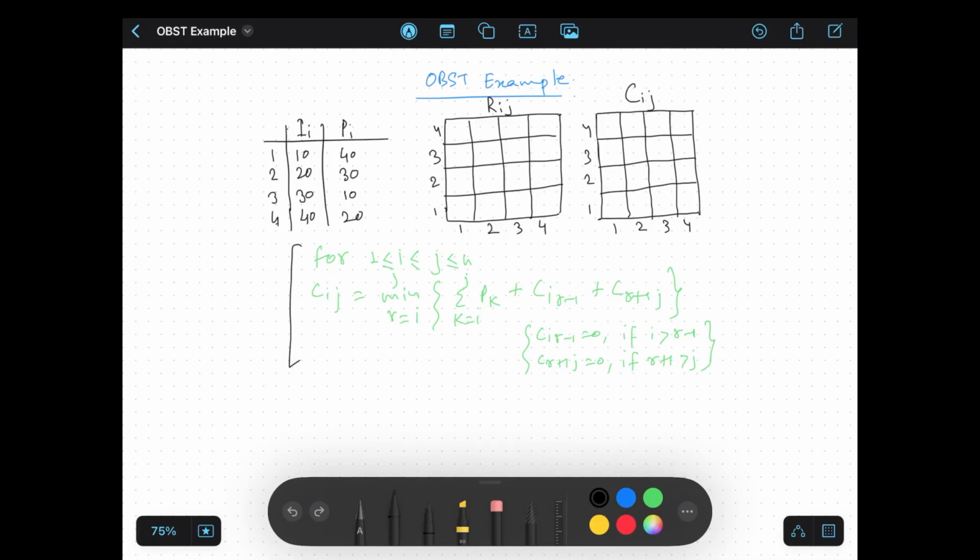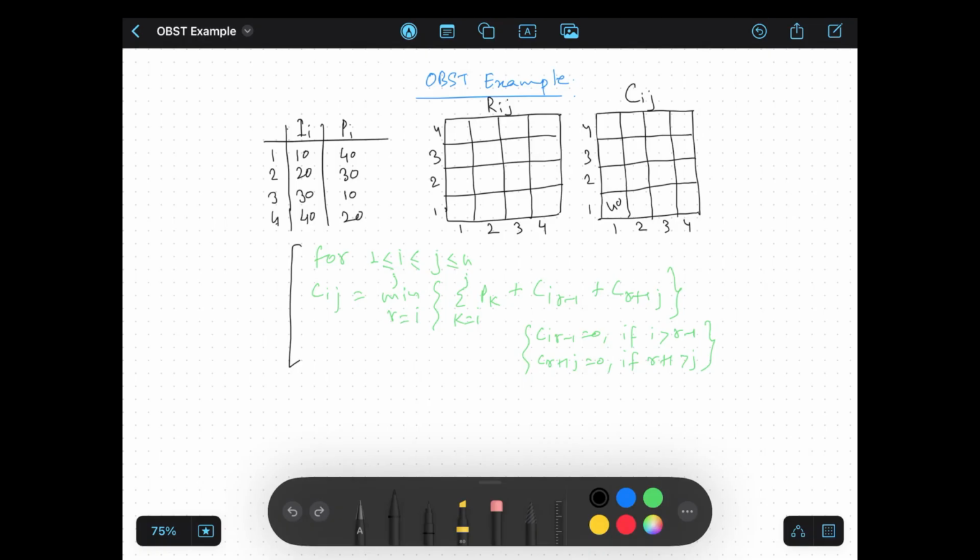So going from 1 to 1, the cost of item 1 to 1 is going to be its probability. So this is going to be 40. We are going to fill the diagonals with the probabilities of the items.